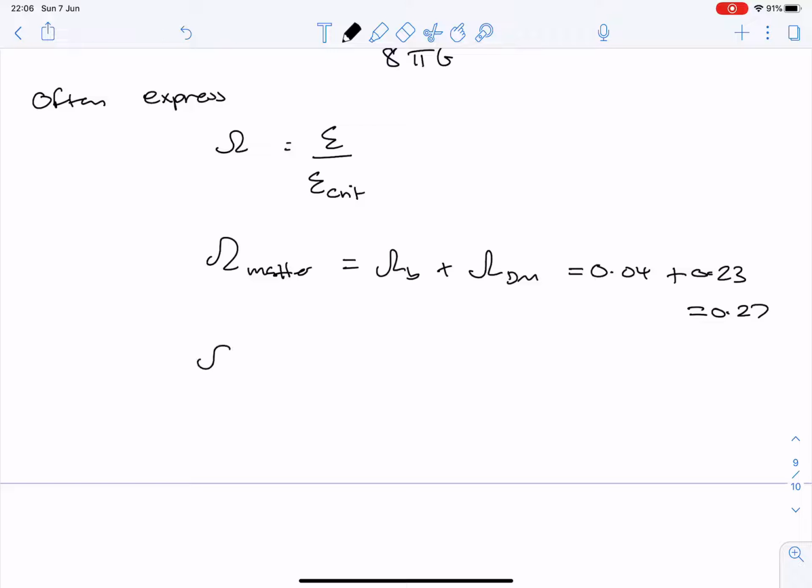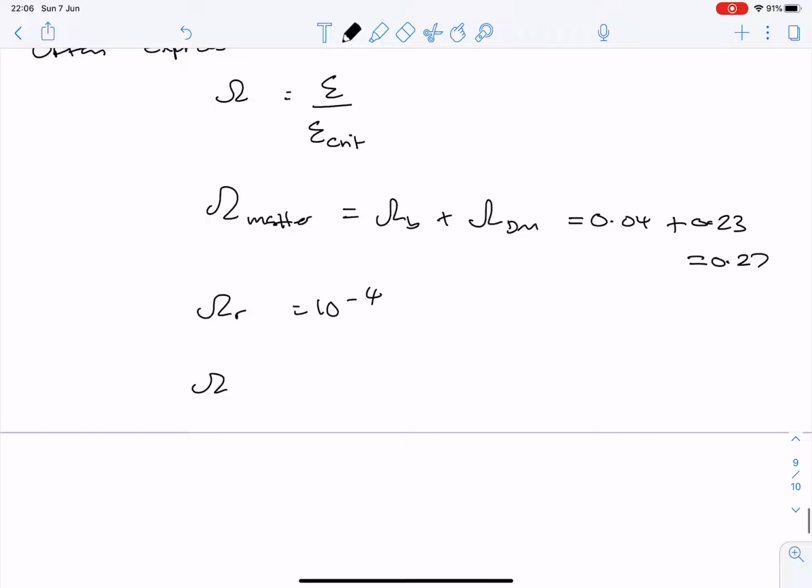Or I could say that omega r is 10 to the minus 4, or that omega lambda, or perhaps more formally, dark energy, is equal to 0.73.